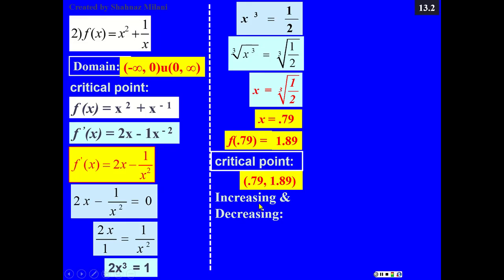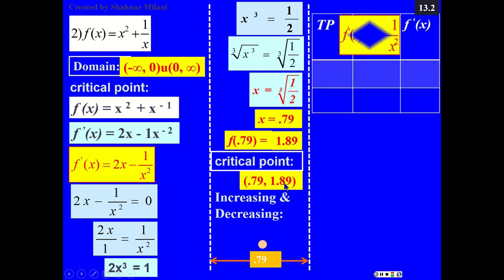Now, we need to find the increasing, decreasing. In order to do that, the first thing I do is draw the line, and then I will label my x coordinate for the critical point. And I'm going to just plot the point because my y value is a positive number. Then, I'm going to make a table. This is the first derivative table, where I'm going to do my testing points for increasing, decreasing.